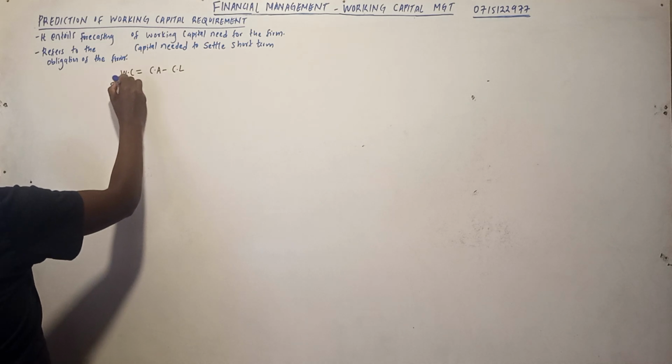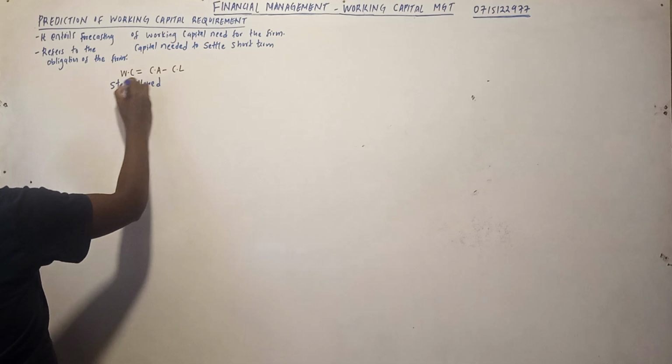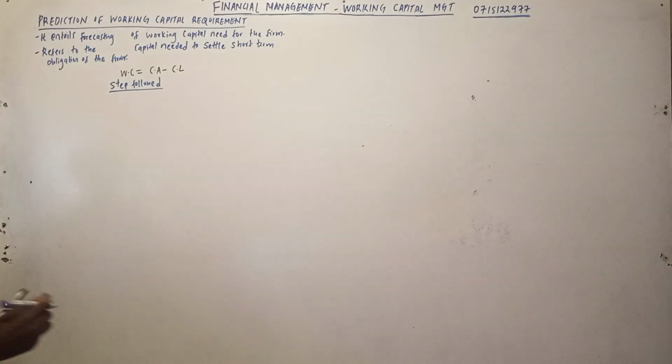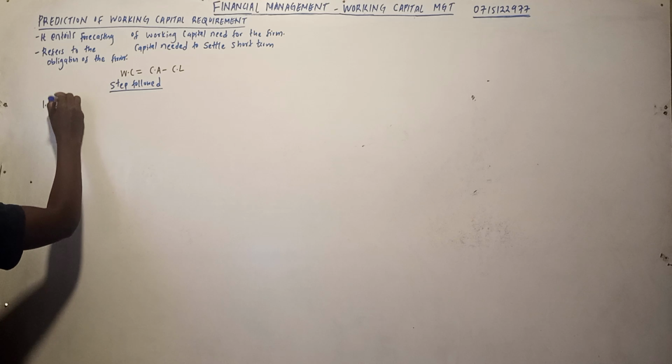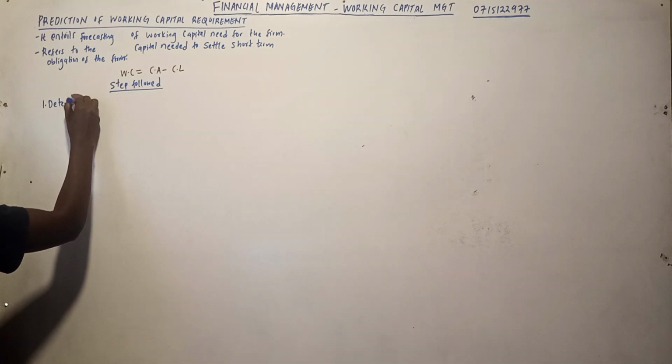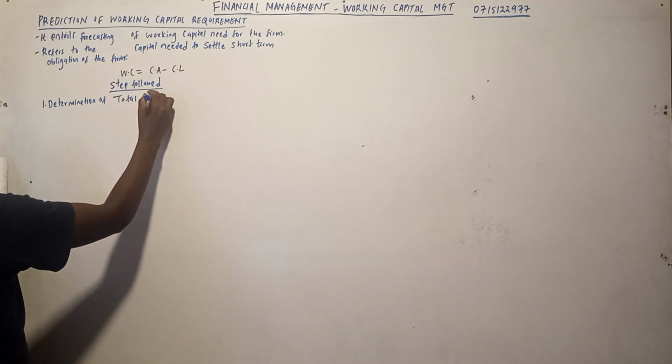We can talk about the steps followed when preparing the working capital requirement. Step number 1, determination of total current assets.